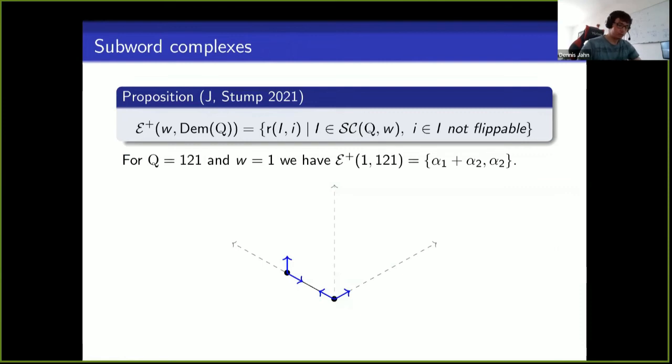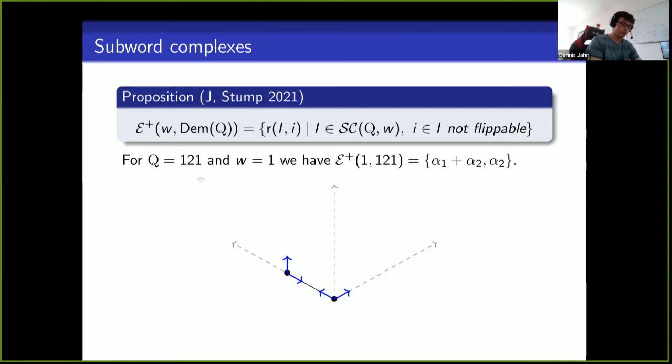Okay, back to subword complexes. Here we have our first great proposition. We can describe the root function values of all non-flippable indices exactly by these sets of roots that correspond to upper covers. And a quick example here where we can see multiple non-flippable directions.